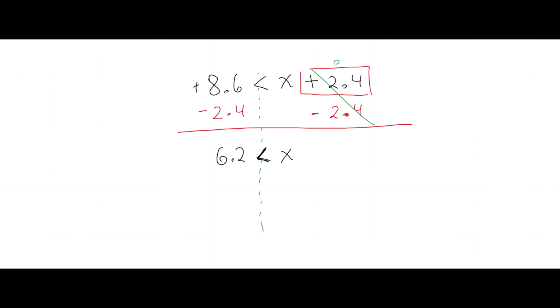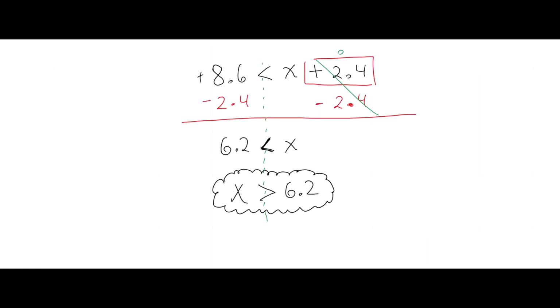The variable x needs to be at the left side of the inequality. So you're just going to flip this. Therefore, your final answer is x is greater than the number 6.2. So be careful with this, please. Remember, x variable always on the left side.